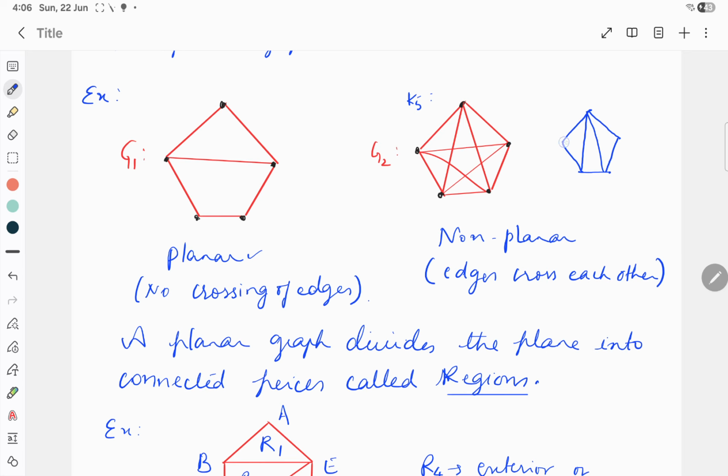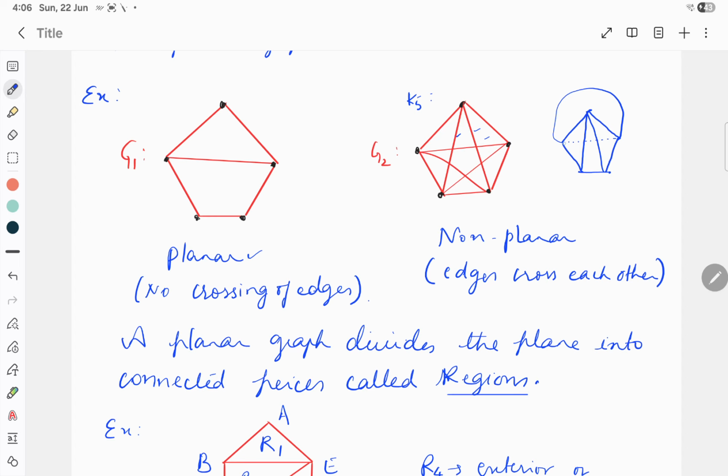Okay. Now if I try to draw this edge, there is a crossing of edges. So I cannot draw this edge. So what I'll do is I'll draw an edge like this. Now there is no crossing of edges. Now I am done with this edge and this edge. We are left with 2 more edges.